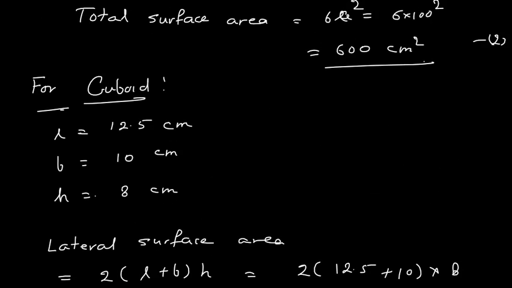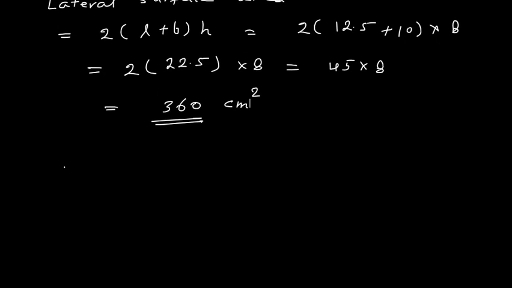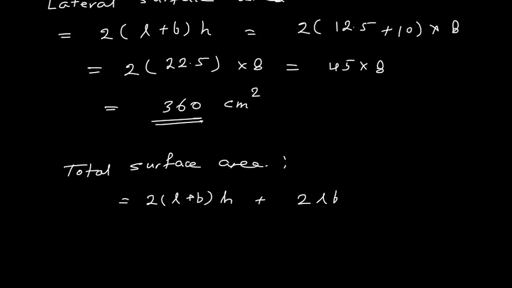This is for the cuboid. And total surface area. Now for total surface area, we will say that this is 2 into L plus B into H plus 2 into LB. Okay, as I already have found out the value of 2 into L plus B into H, I will modify the formula like this, so that total surface area is lateral surface area plus area of top and bottom. So this is 360 plus length into breadth.